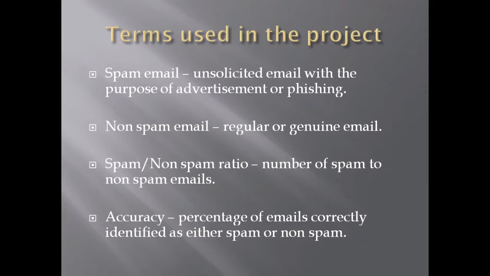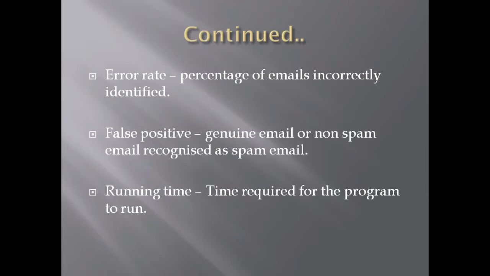So what are the terms used in the project? Spam email: these are unsolicited emails with the purpose of advertisement and phishing. Non-spam email: these are regular or genuine emails. Spam non-spam ratio: this is the number of spam to non-spam emails. Accuracy: this is the percentage of emails correctly identified as either spam or non-spam.